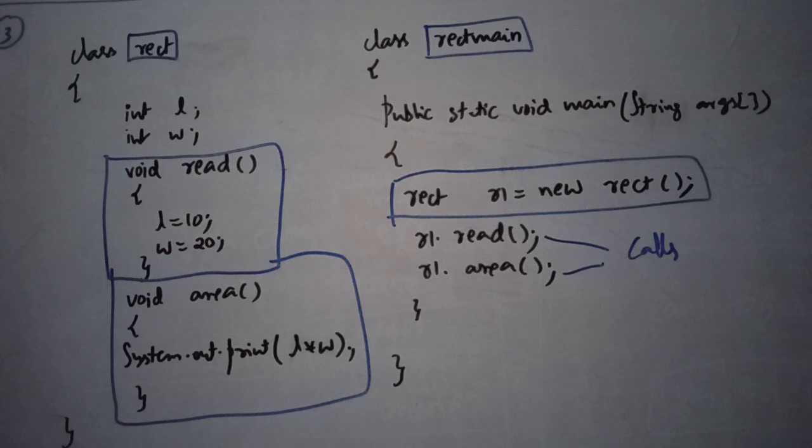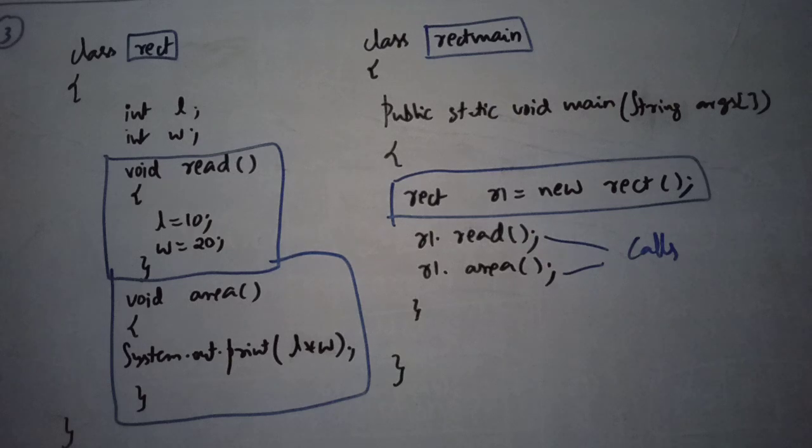Look at this third program, and what is the class name? RECT. And for the first time we are using methods read and area, both of prototype void read and void area.